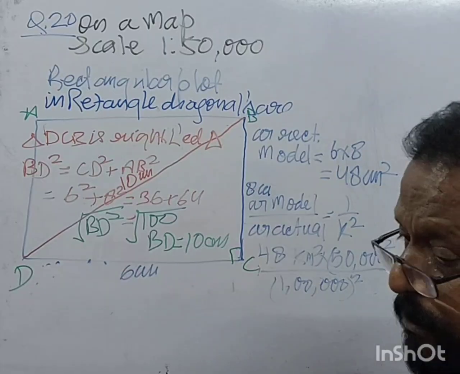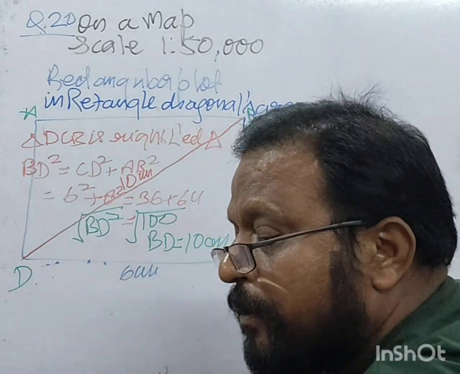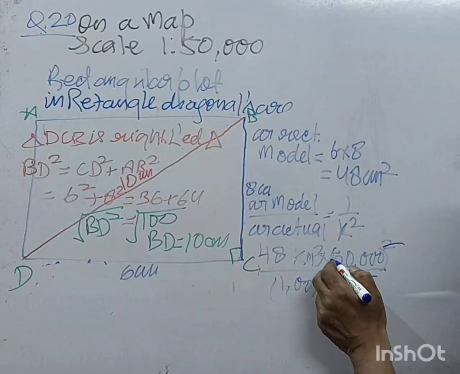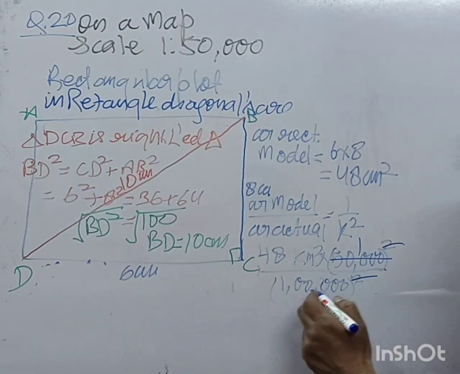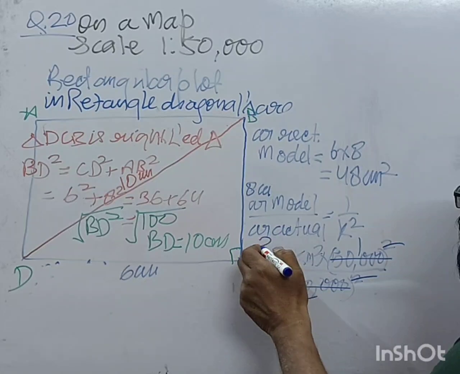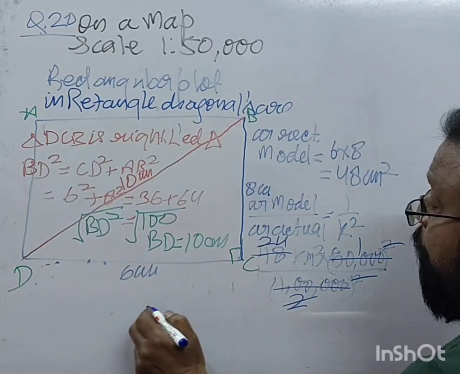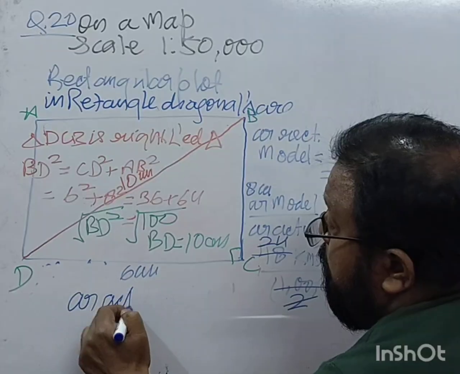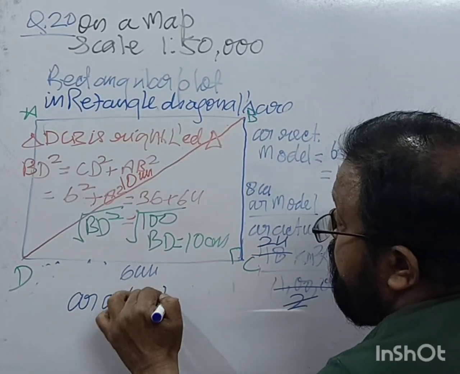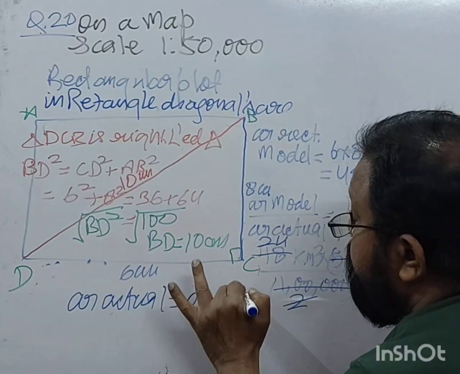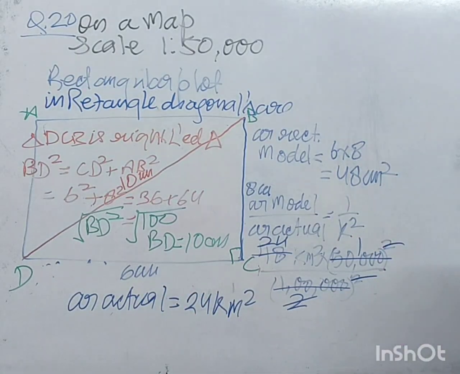So what do you do now? This square is gone. 2 times 48 becomes 24. So area actual is equal to 24 kilometer square.